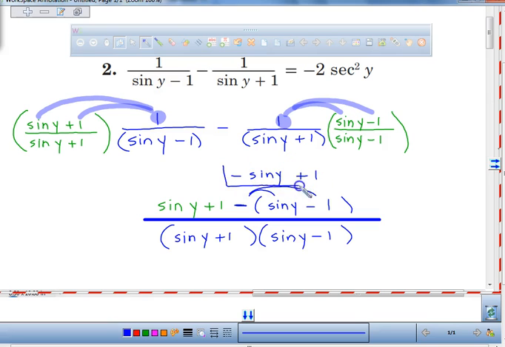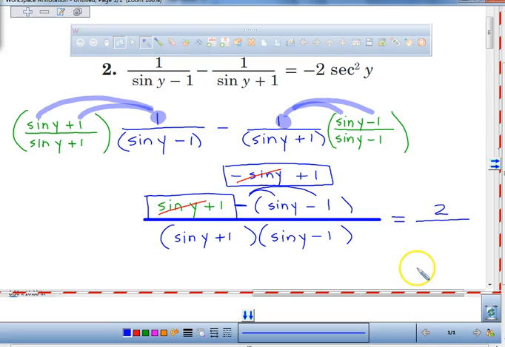So right now, take a close look at this, everybody. If I have a positive sine of y plus a 1, and a negative sine of y plus a 1, what's going to go bye-bye? Sine of y. Bye, sine of y. You're gone. But can I take the 1 and the 1 and add them together? Sure. So now what are we going to have in the numerator? We're going to have a 2.